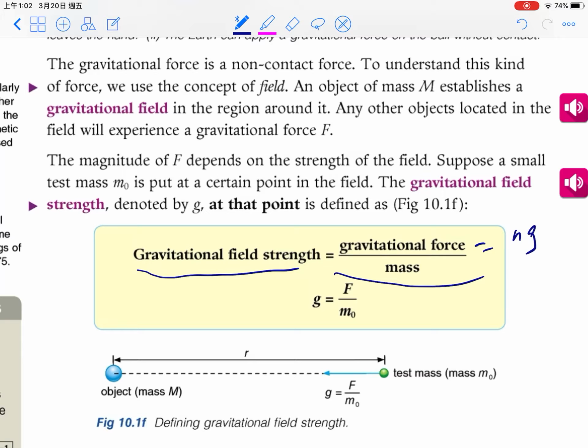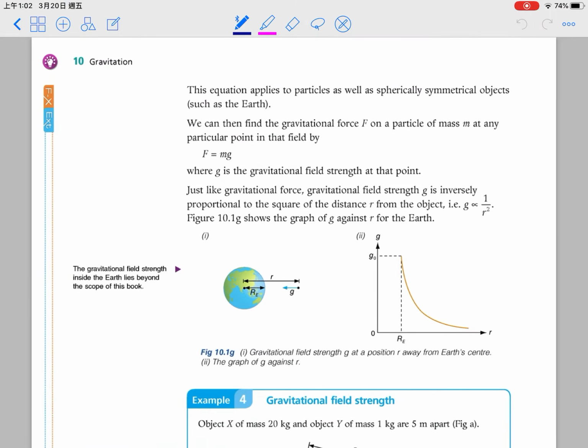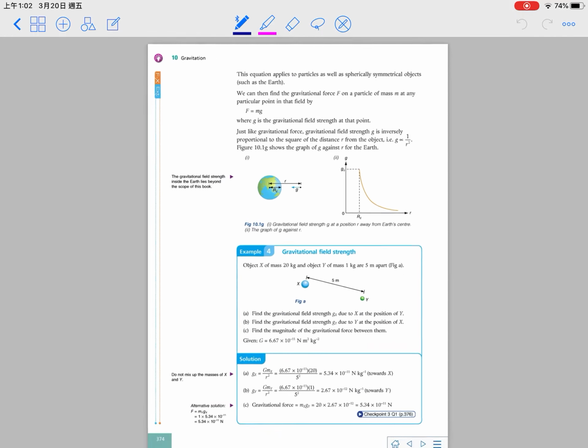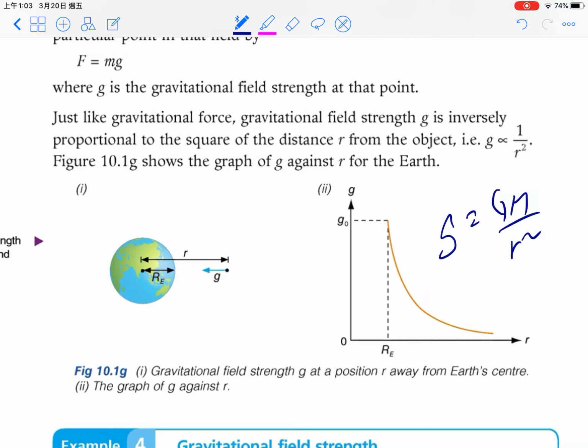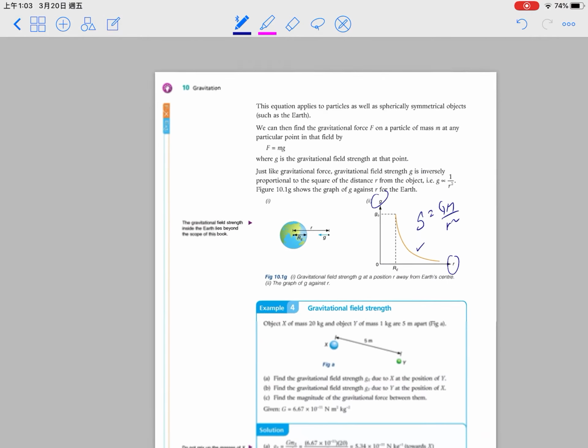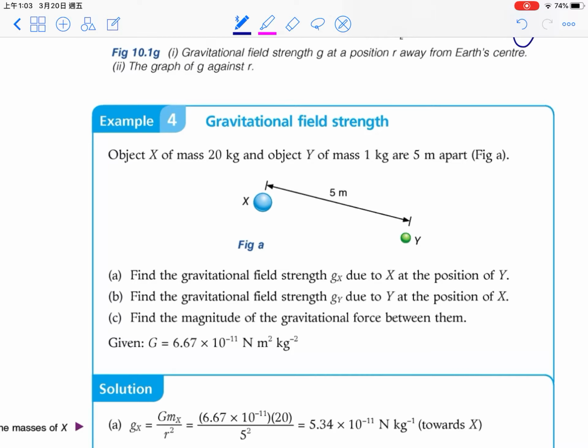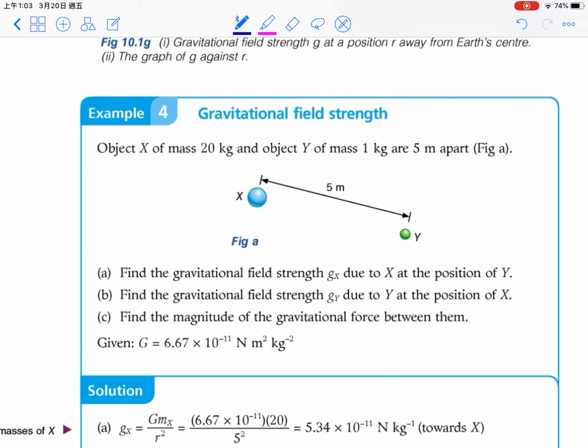Gravitational force actually means weight, mg, over m. So the gravitational field strength will be equal to g. By the equation, g is equal to GM over r squared, so it is inversely proportional to r squared. So we can plot a graph of g against r, and we can find this curve.